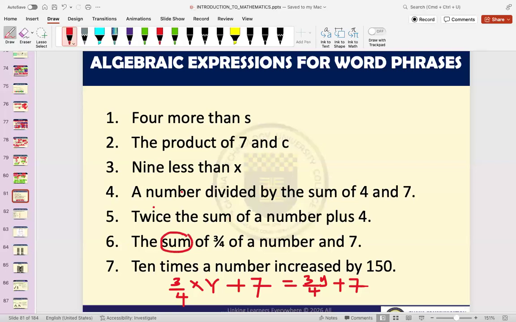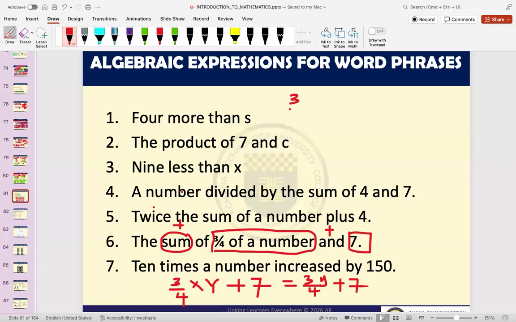Sum means plus. Now 3/4 of a number. So it means that the sum, this one plus, is here. It means find 3/4 of a number and then add it to 7, which is standing.